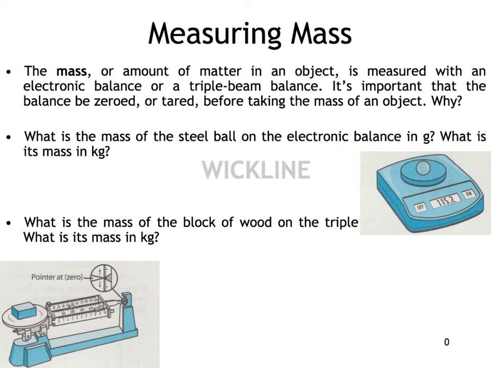So you could put the paper cup down, and then press the zero function or the tare function, and then it would cancel out the mass of the paper cup, and when you put the ball on, only the mass of the steel ball would be measured. But it's really important also, these scales have a little bit of error sometimes, and you can turn them on and it won't say 0 on the reading scale. It'll say some other number. So if that ever happens, press 0 or tare.